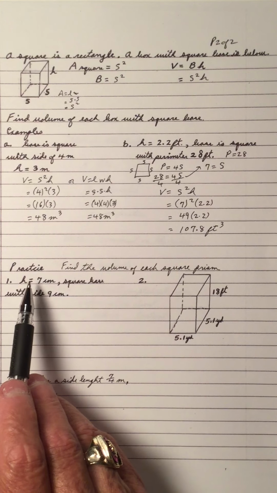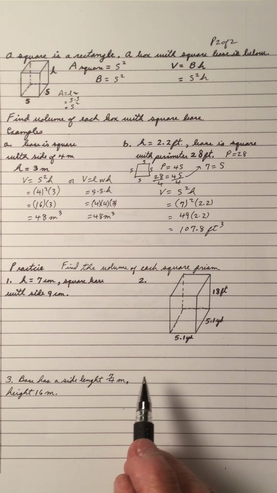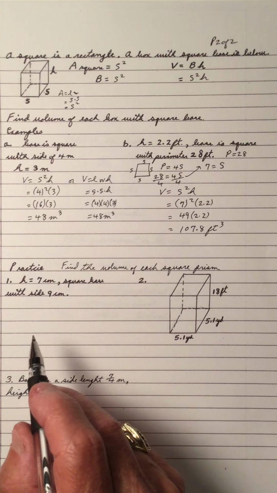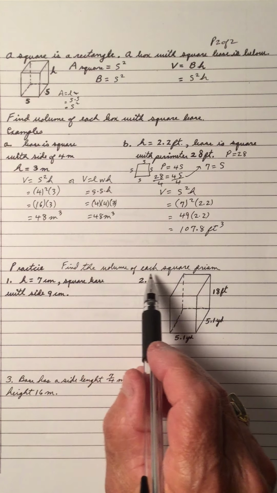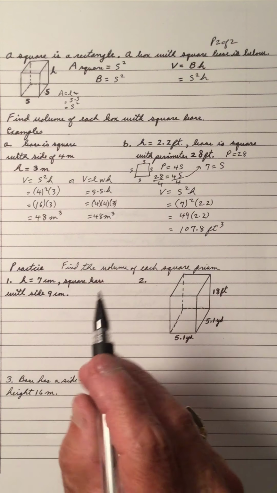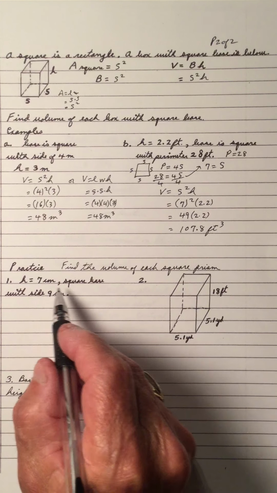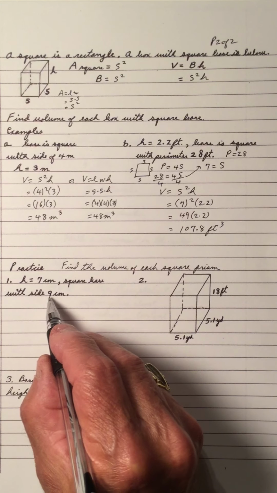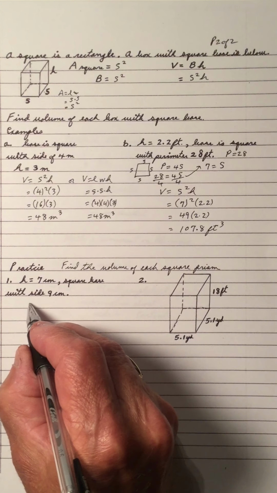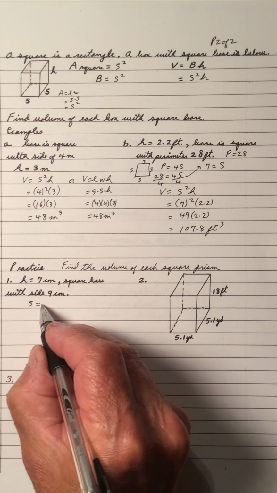Now practice means work out these 3 problems one at a time, and when you get them done, press play to see if you're right. It says find the volume of each square prism. So the height is 7, and the base of the square is 9, so that means S equals 9.